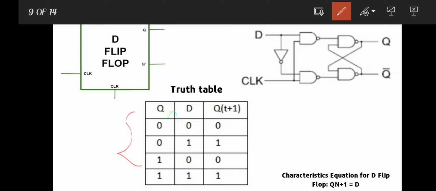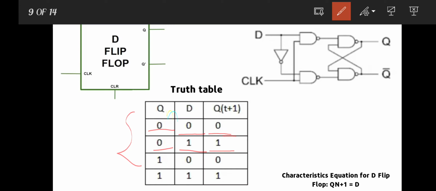For the D flip-flop, we have already seen that when the D input is 0, then irrespective of the present value of Qn, in the next state Qn+1 will be 0. And likewise, when the D input is 1, whether Qn is either 0 or 1, in the next state Qn+1 will be 1.